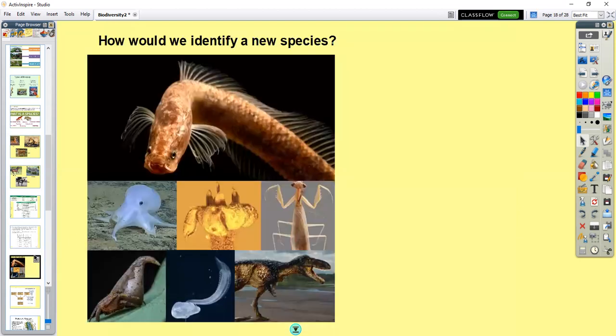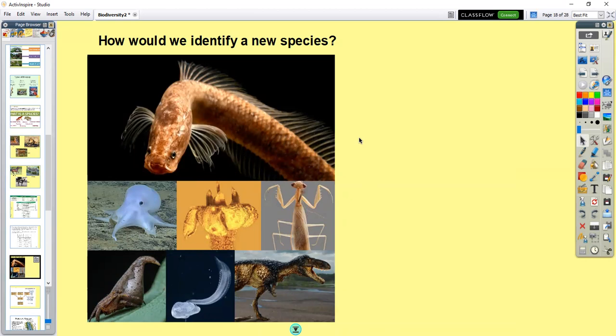Okay, if you were to discover or try to identify a new species, then there are a number of different ways that we can do that. So we can look at its morphology or its anatomy, so its external features. You're trying to relate it to species that you already know. You could look at its cell structure. Is it prokaryotic?